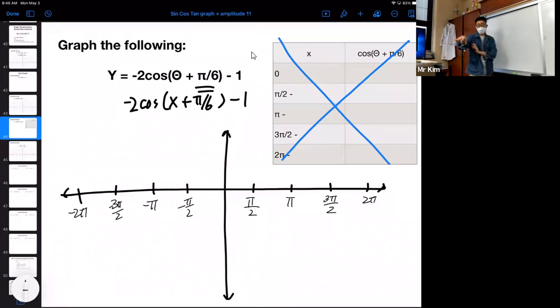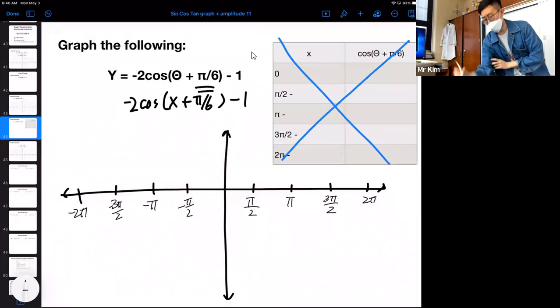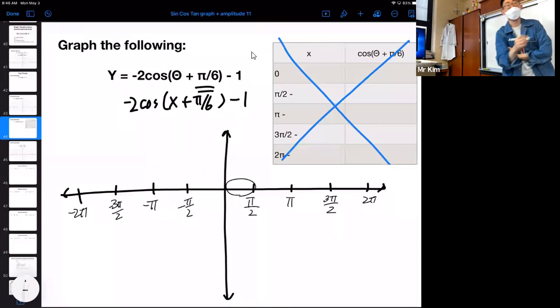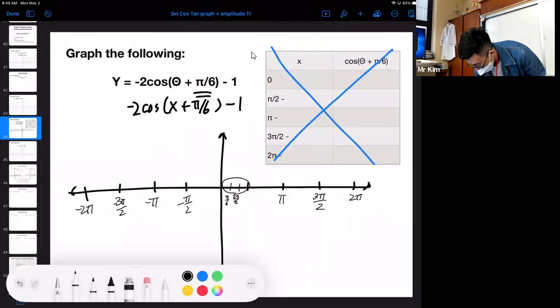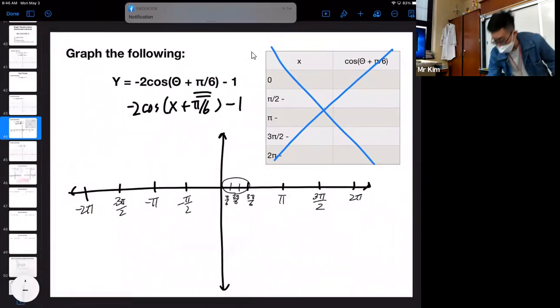I think I heard one of you say it. For those of us struggling here, what do we divide this up by? How many sections? 3. Why? Because that means this will be pi over 6, 2 pi over 6, and this right here will be 3 pi over 6, which technically is the same thing as pi over 2.